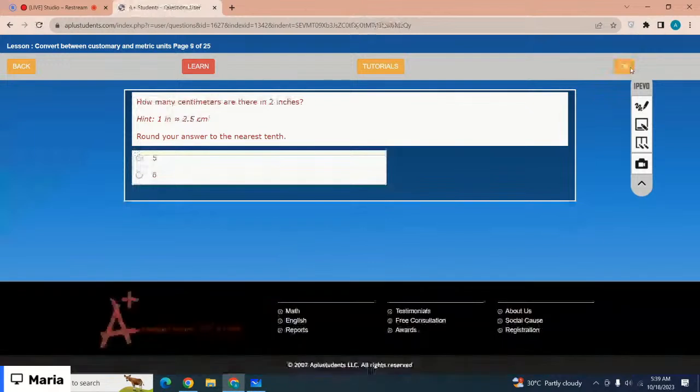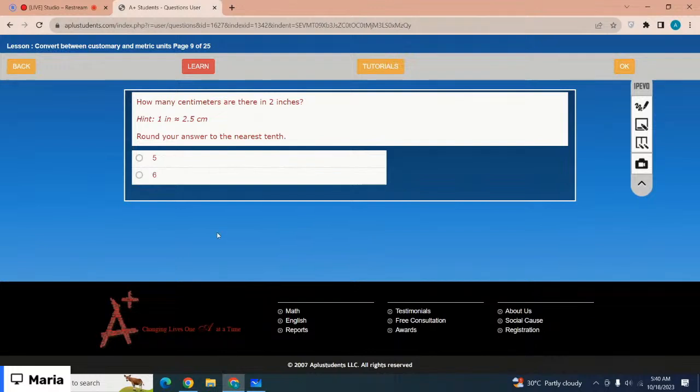Okay, how many centimeters are there in 2 inches? Which is the correct option? The correct option is 5.